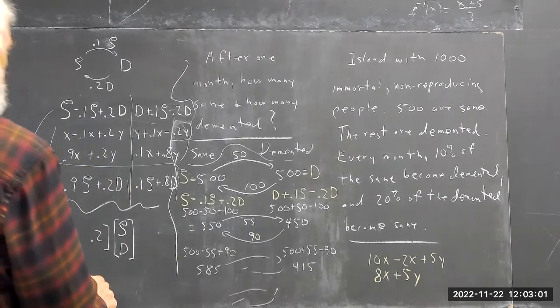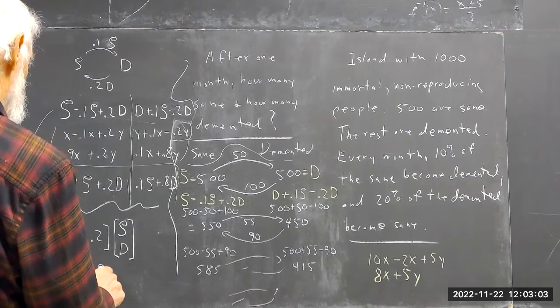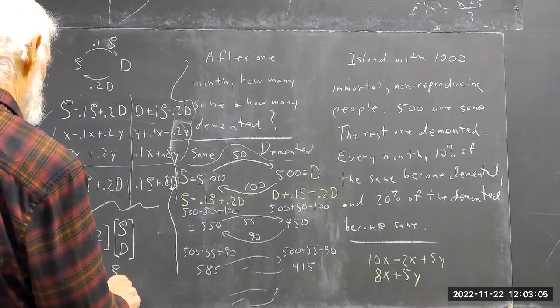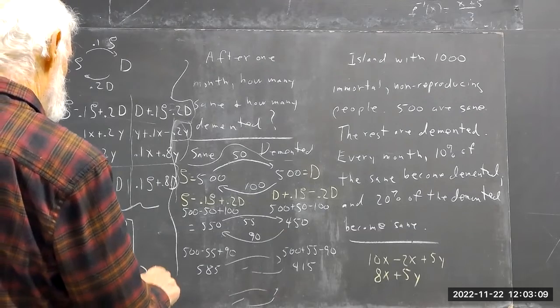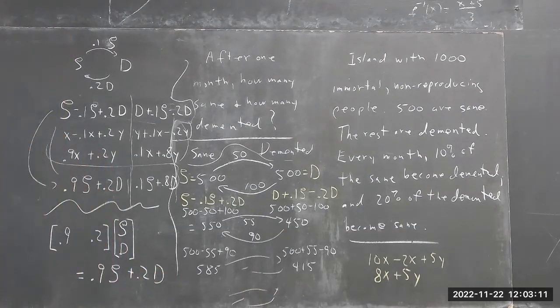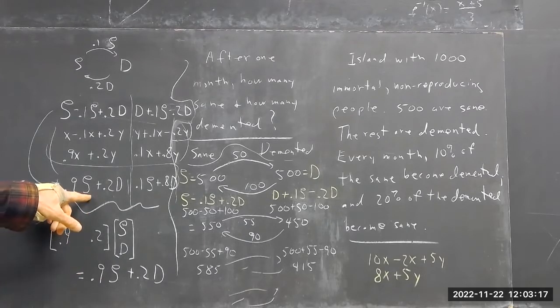So this is 0.9 S plus 0.2 D. So this is just another way of representing this calculation.